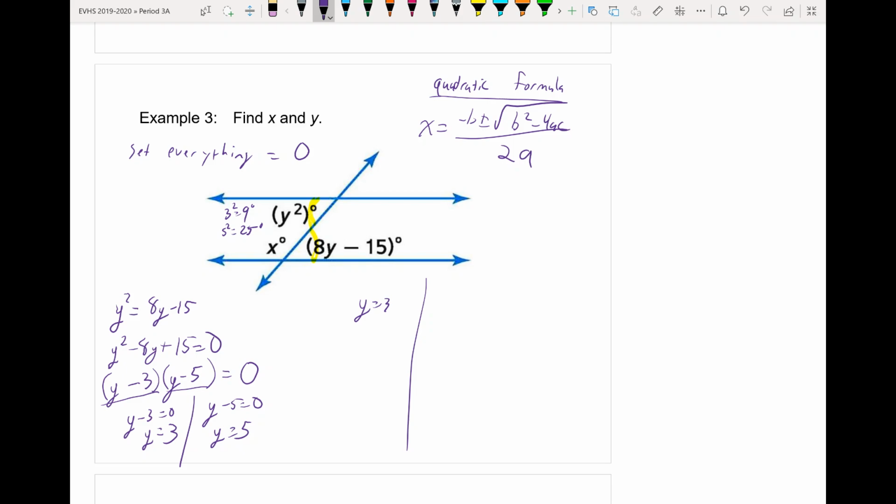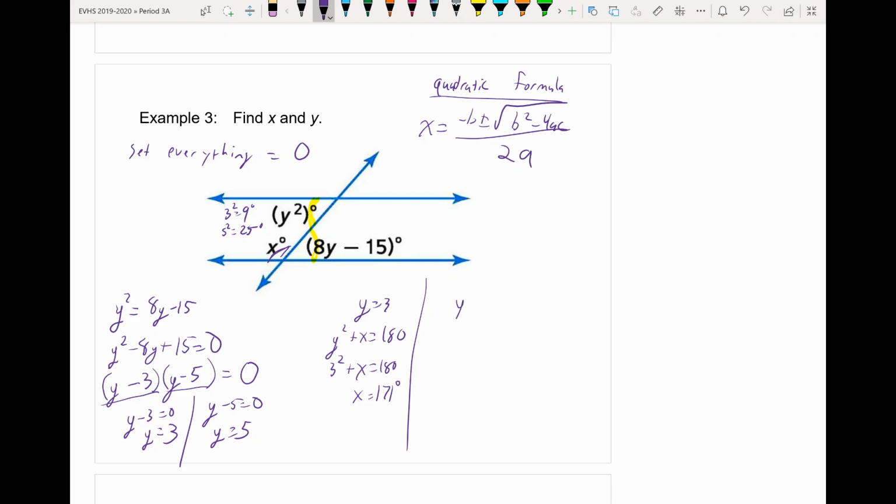So, therefore, we got y squared plus x equals 180. That gives me 3 squared plus x equals 180. 3 squared is 9. Subtract that, and that gives me 171.